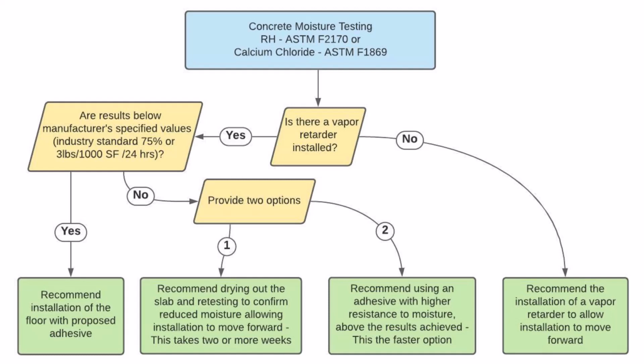If there is a vapor barrier installed under the slab, and the results are below the manufacturer's specified values, which the industry standard we mentioned was 75% for relative humidity and 3 pounds per 1,000 square feet per 24 hours for ASTM F1869, if the answer is yes, you're within that, then you can go ahead and install the flooring.